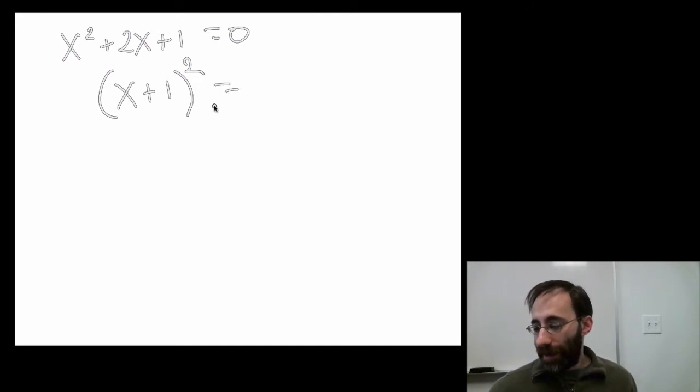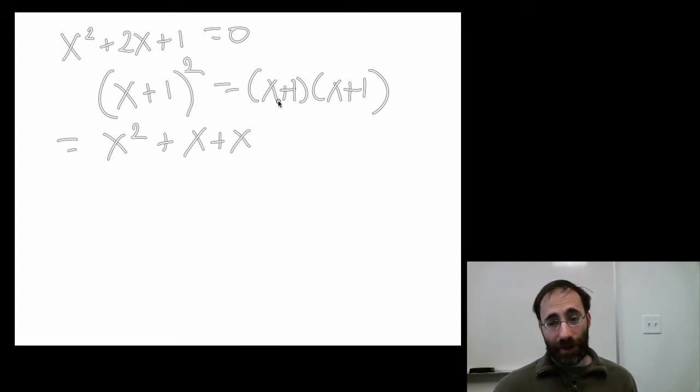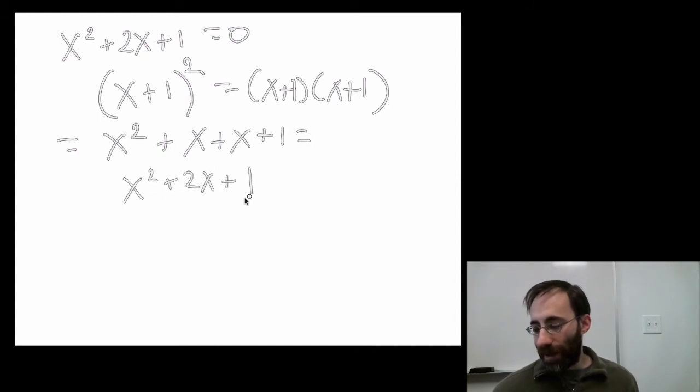This equals x plus 1 times x plus 1. First is x times x. Outer is x times 1. Inner is 1 times x. And last is 1 times 1, equals x squared plus 2x plus 1. So that's the factoring for that.